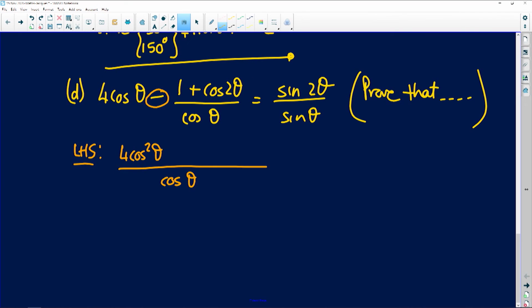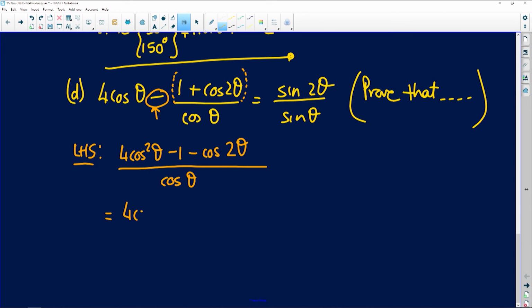So in your head, there must be an invisible bracket around that numerator, because that negative must distribute to both the terms. Look at this. If I put an invisible bracket here, that negative is minus 1, minus times a positive is minus cos 2 theta. That there was the big trap in this question.